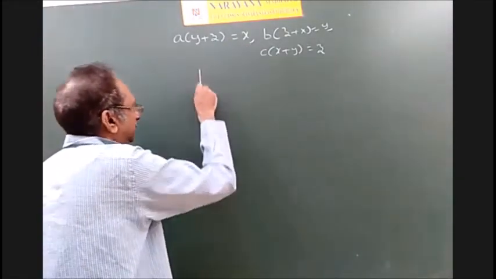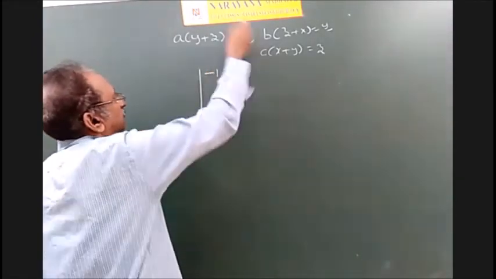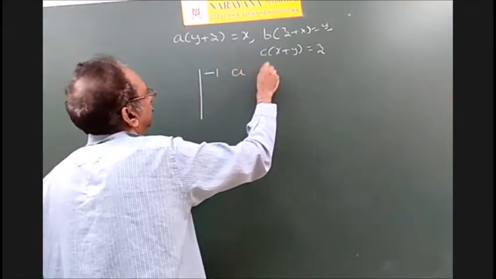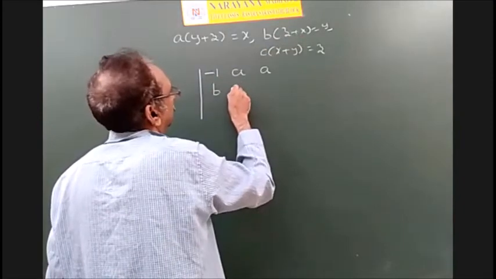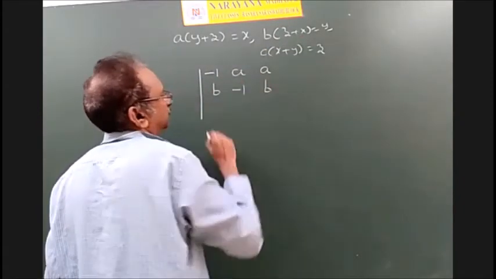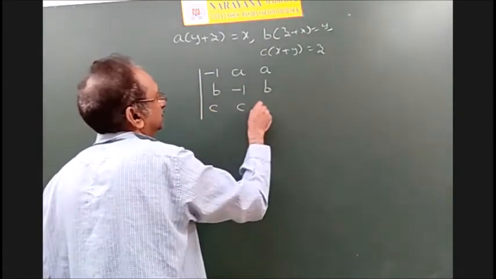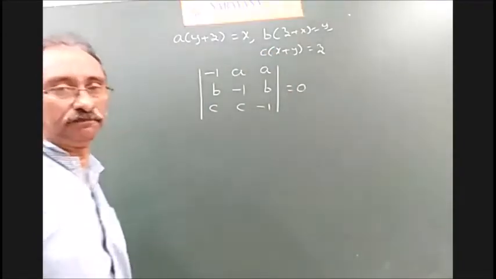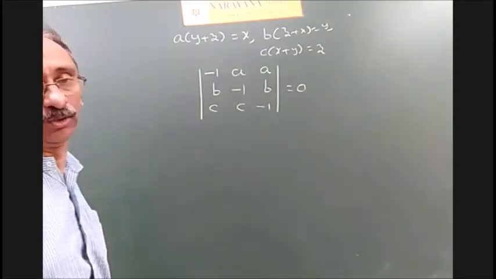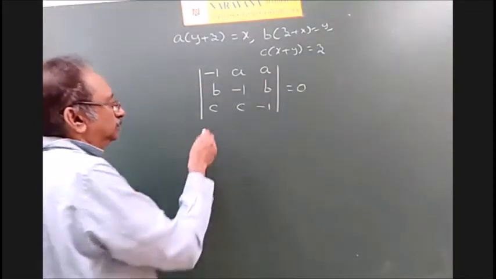Therefore, I am writing the determinant: minus 1, a, a; b, minus 1, b; c, c, minus 1 is equal to 0. So to get a non-trivial solution, this determinant must be equal to 0.